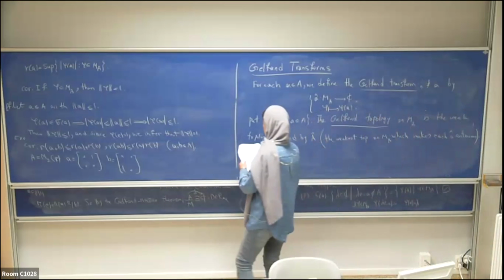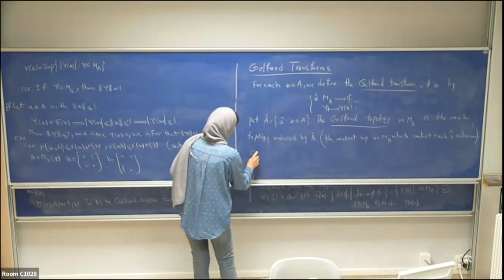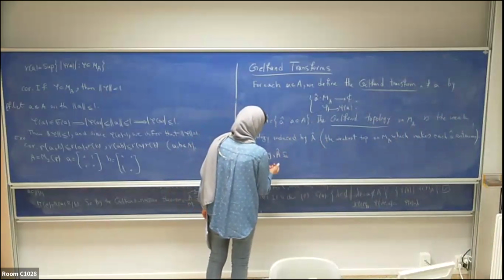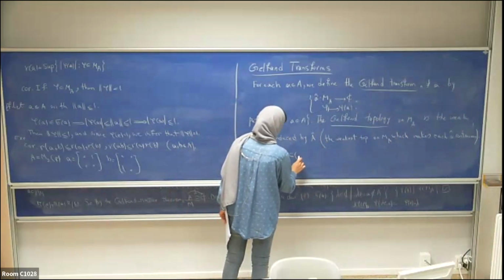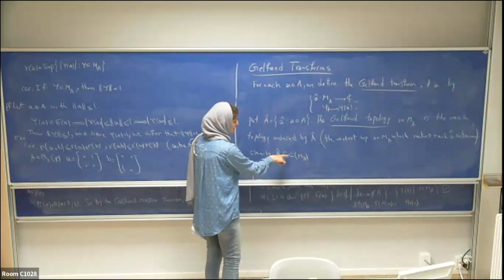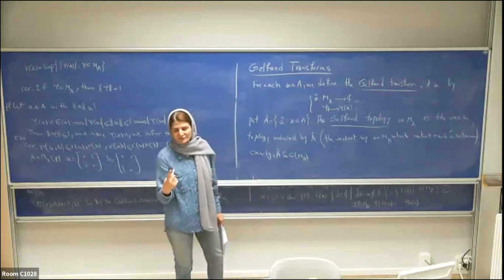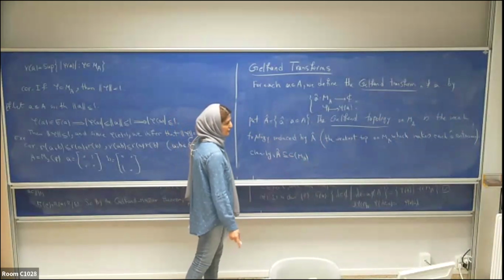So clearly, A hat is a subset of C of M of A. Of course, we had C of X before, but X was compact Hausdorff, and we don't know if M of A with the Gelfand topology is compact.